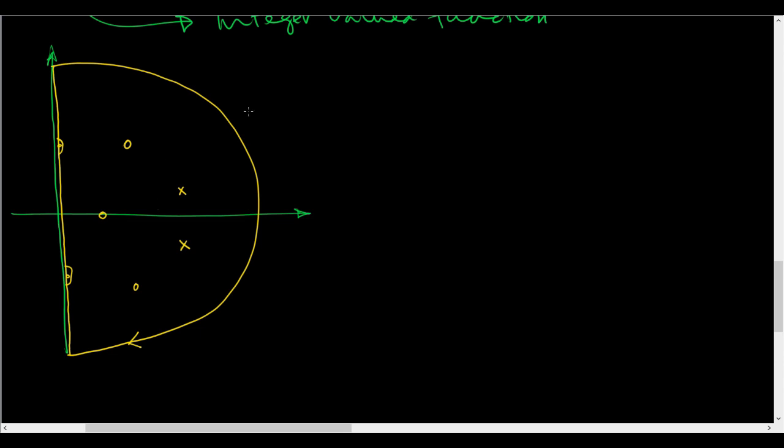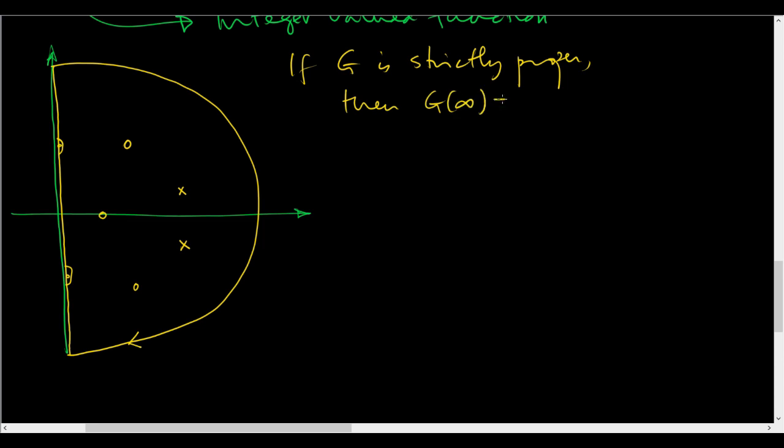If G is strictly proper, then G of infinity equals 0. So over here, all of this gets mapped to 0. Otherwise it will get mapped to some constant probably.